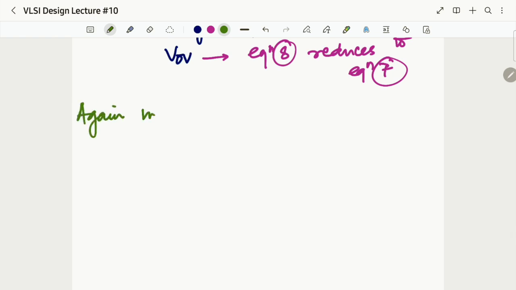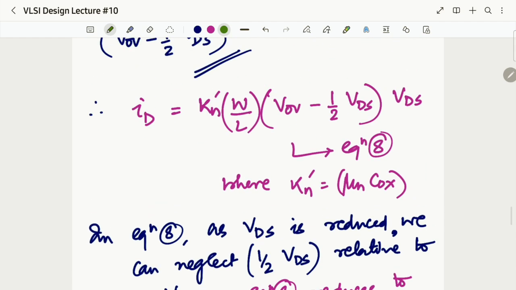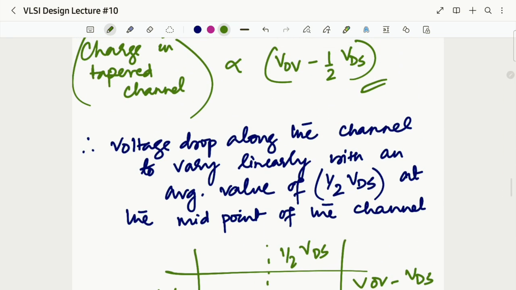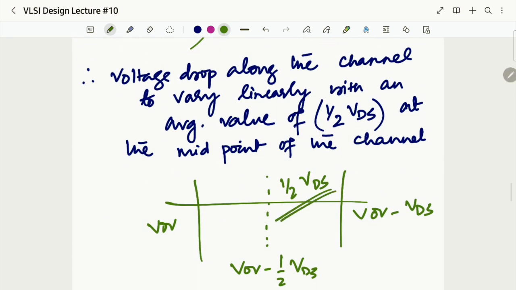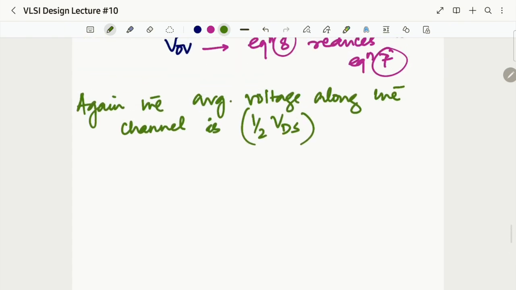Now, again, the average voltage along the channel is what? Half of VDS. Here we discussed this one at the midpoint. Okay. Half of VDS.